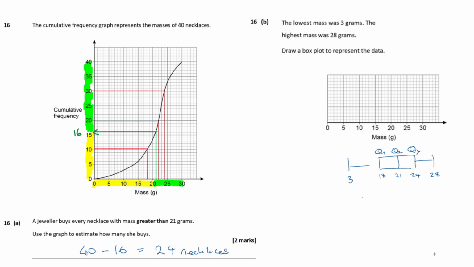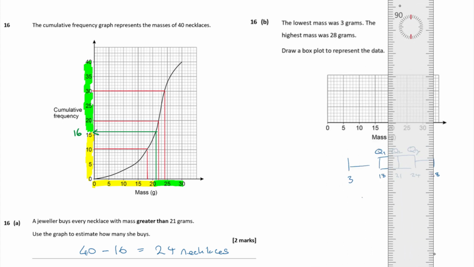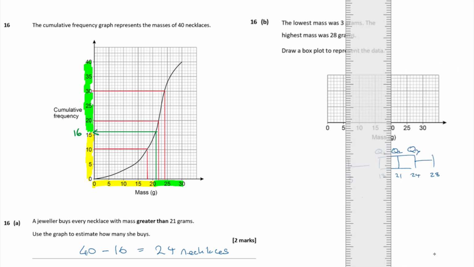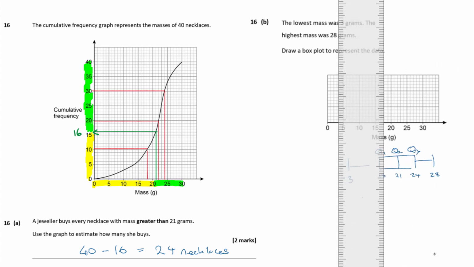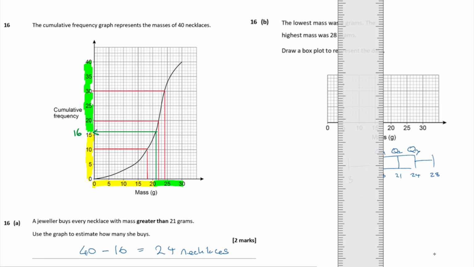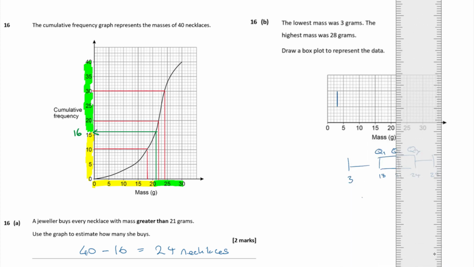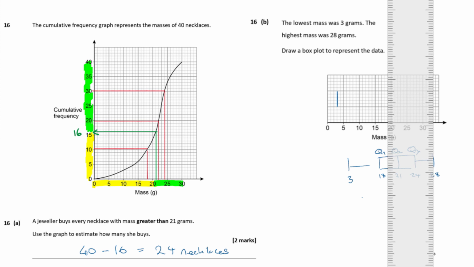I'm going to actually draw those on the graph I've been given. So I'm going to draw a line at 3 to represent the lowest value. I'm going to draw a line at 18 to represent the lower quartile.